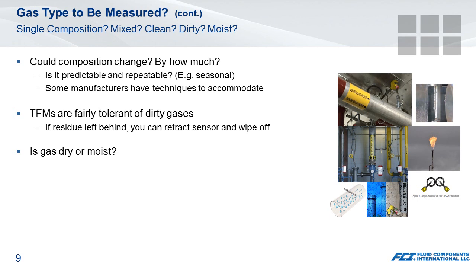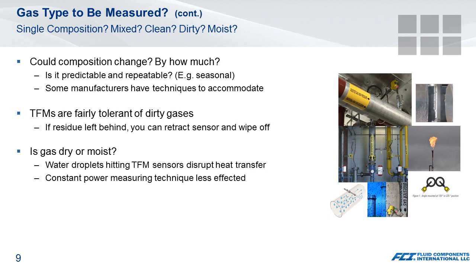We mentioned two types of measuring techniques. Constant power is less affected by the water droplets because the one sensor is still heated, so it dissipates some of the condensate. There's other techniques like the orientation mounting. If you put the sensors in a 4 o'clock or 8 o'clock position to shunt some of the moisture away, manufacturers will be able to tell you that if you can tell them you've got moisture in the line.